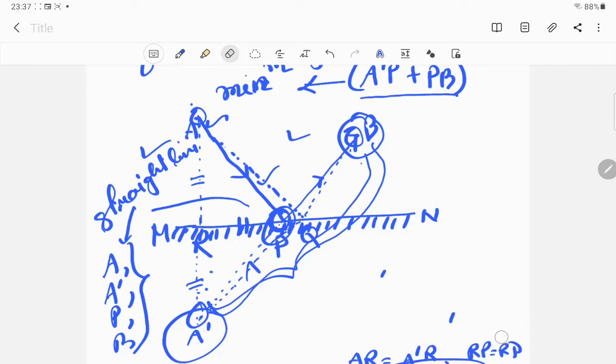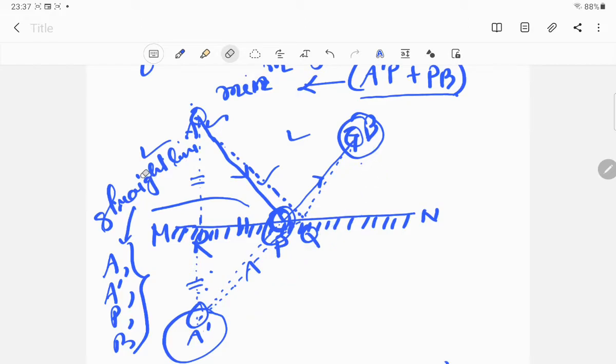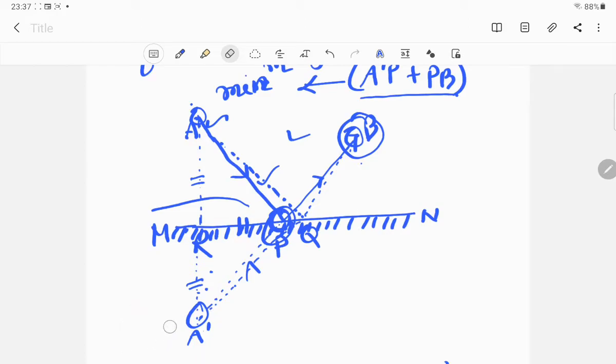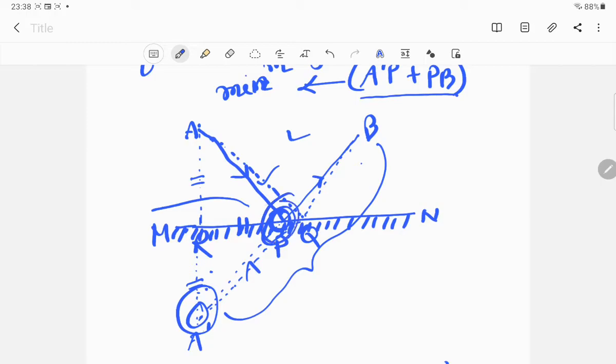Let me remove some of the unwanted parts so that I can explain near the diagram. So this is our A dash, this is A, coming like that. When A dash PB is a straight line, obviously A, P and B all of them are in the same plane.